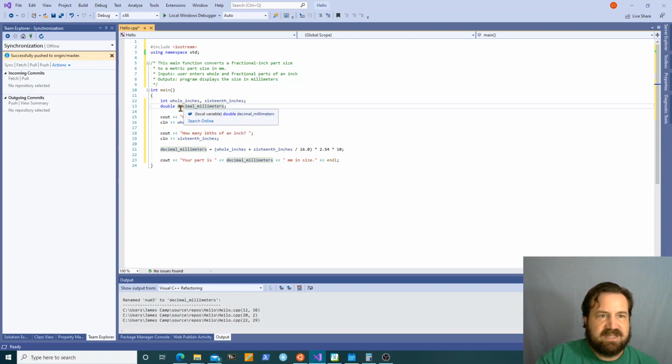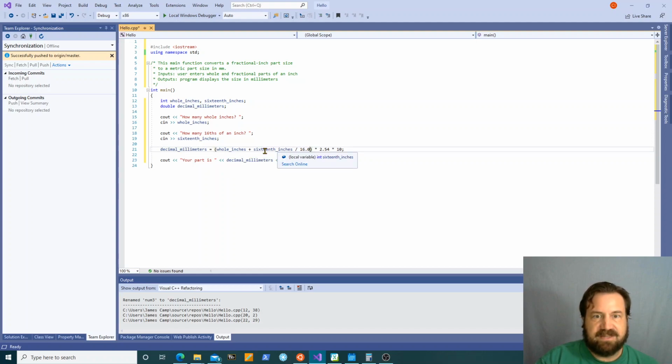Because if I want it to be not whole or 16ths, but decimal millimeters, then it needs to be a double. Okay. So now when I read this line of code down here, decimal millimeters equals whole inches plus 16th inches over 16. Okay, well, so far, that makes sense, right? Times 2.54 times 10. Okay, if I didn't know my conversion factors, if I didn't have those memorized, that would be a problem.